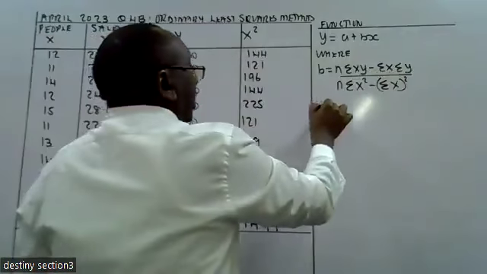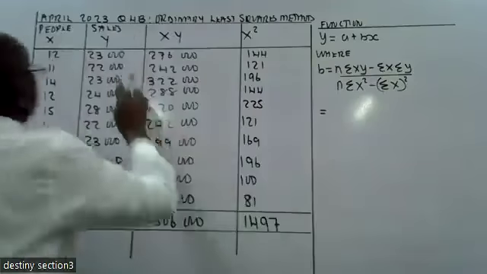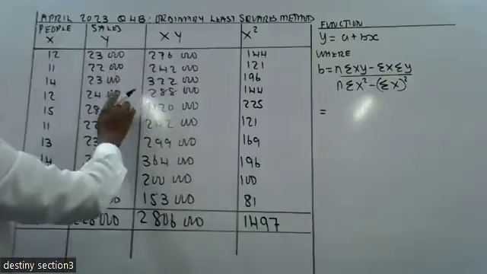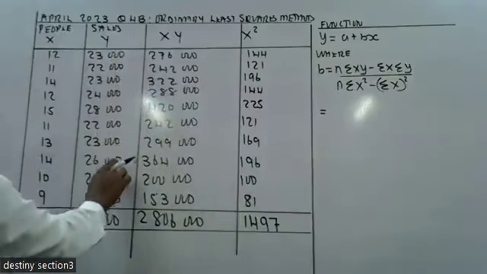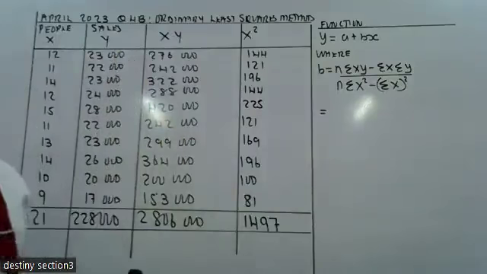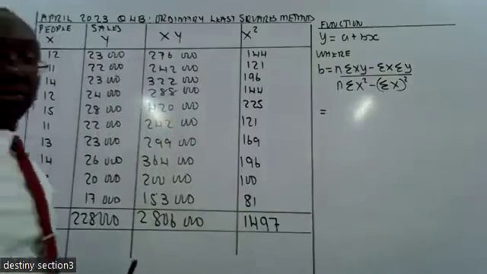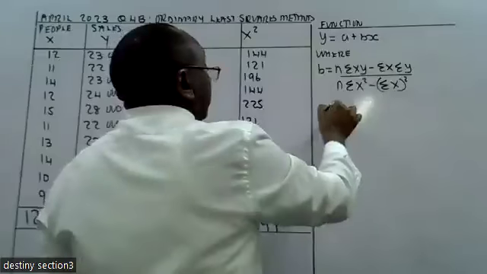Now these values are 1, 2, 3, 4, 5, 6, 7, 8, 9, 10, so all of them are 10. So our n is 10.